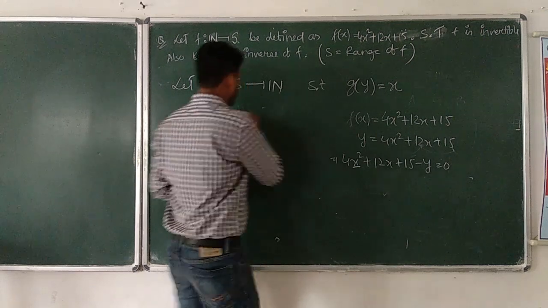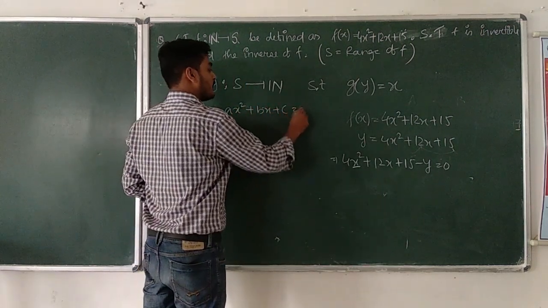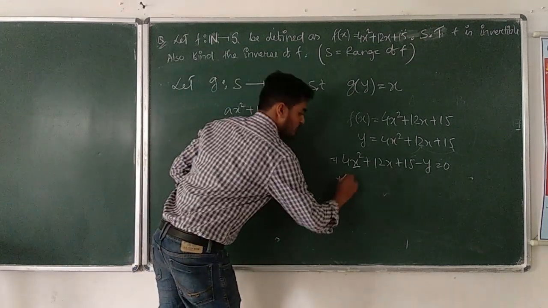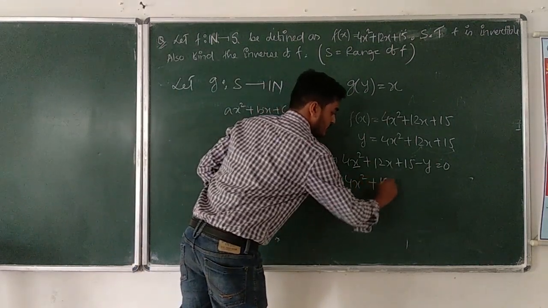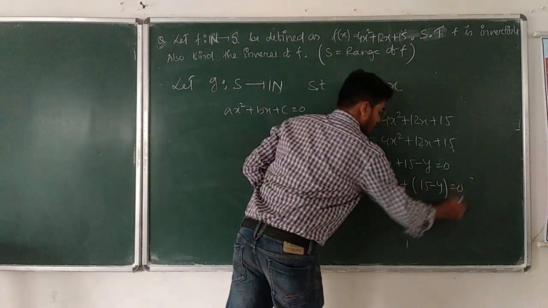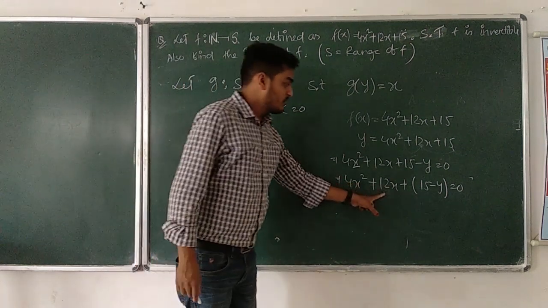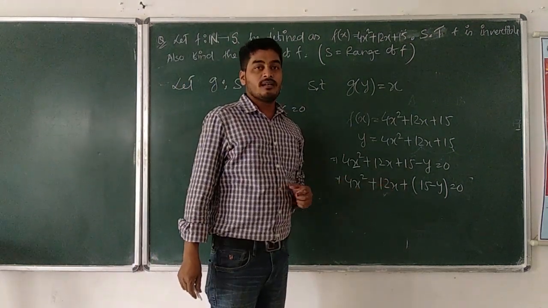If we compare with the standard quadratic equation ax squared plus bx plus c equal to 0, then 4x squared plus 12x plus 15 minus y equal to 0 is the standard form. a is equal to 4, b is equal to 12 and c is equal to 15 minus y.